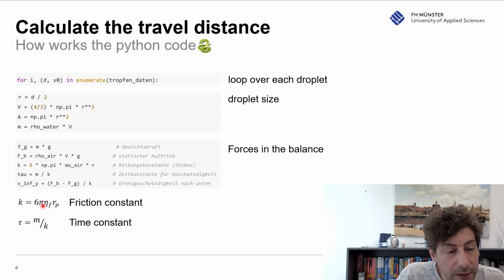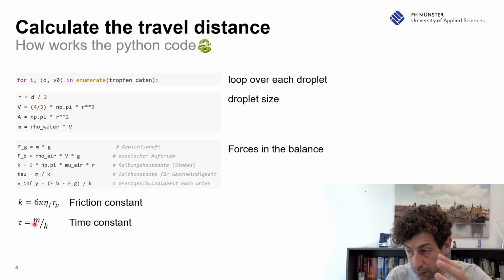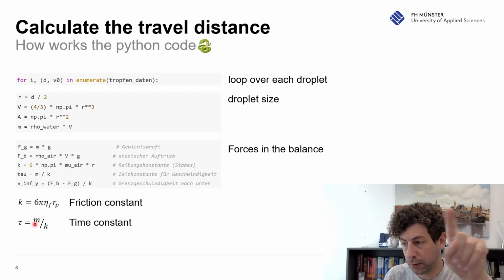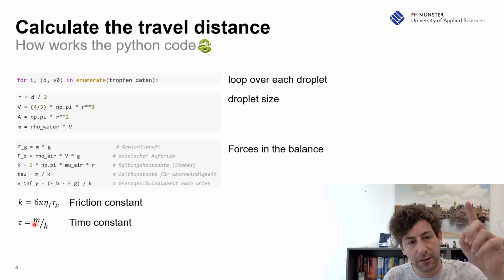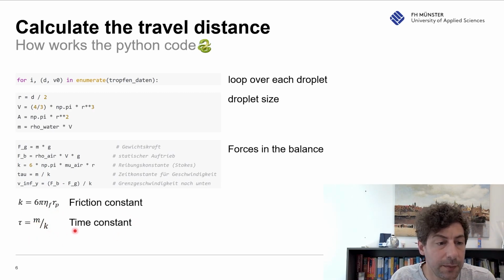So we have here Pascal seconds, and here we have meter, and this gives kilogram per second as a unit. And if we have the mass, which is kilogram, divided by kilogram per second, this gives a time, right? Kilogram goes out, 1 divided by 1 divided by second is second, so this is a time constant.